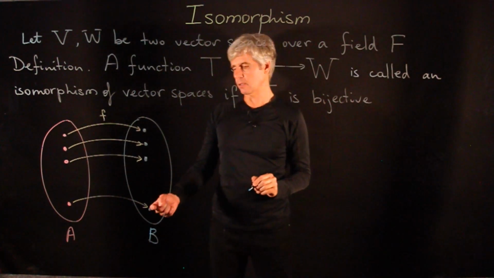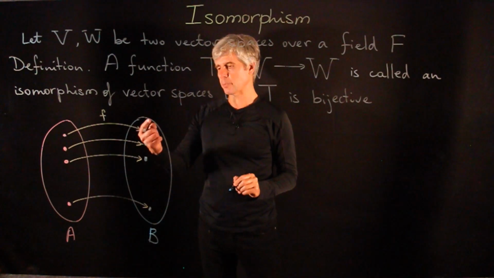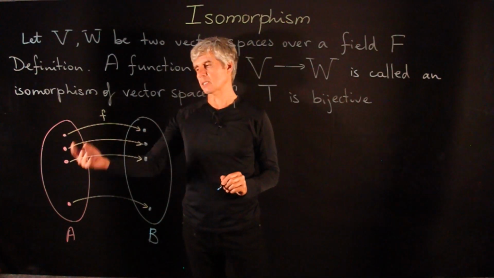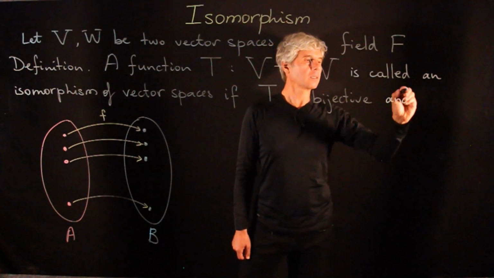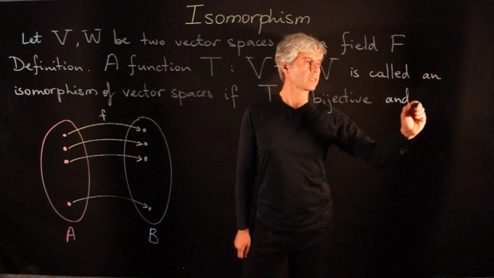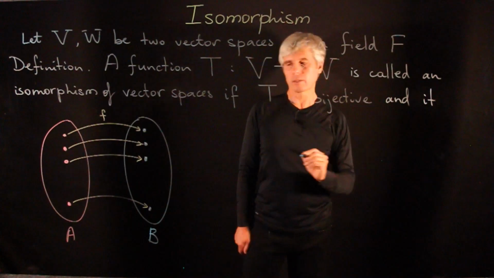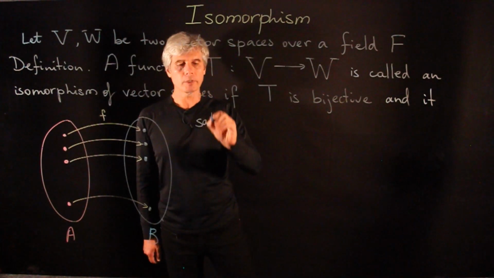So this means that for each element of vector space W, there exists a unique preimage, and it satisfies two properties.